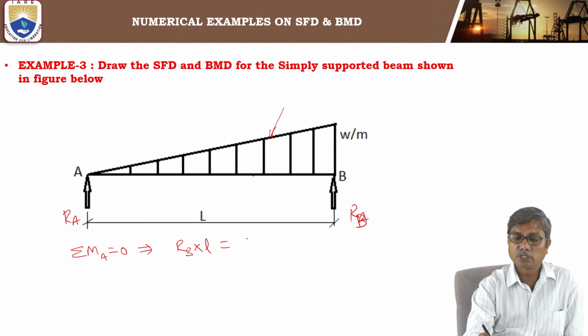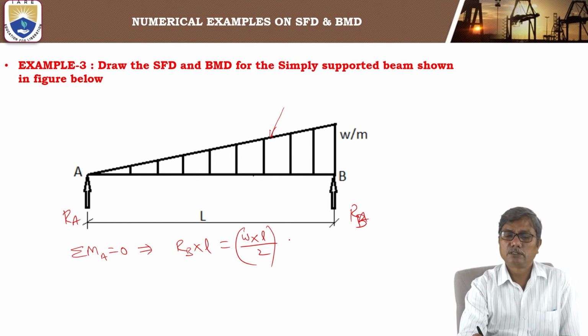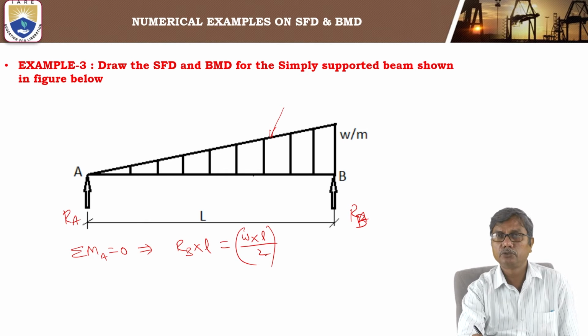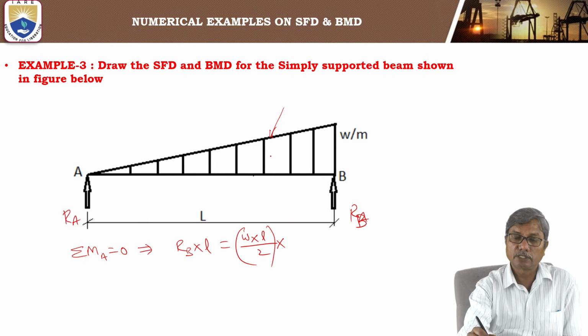The total load is half into base into height. This is the triangular load, so the total load is the area of the triangle, base L, height W, which is WL by 2, into the distance of centroid.